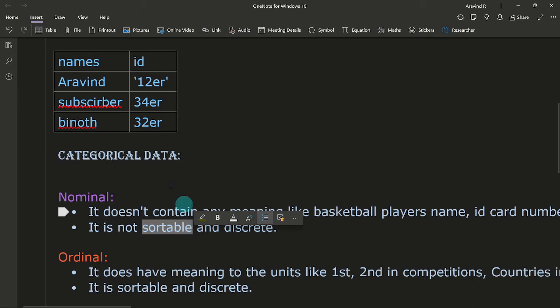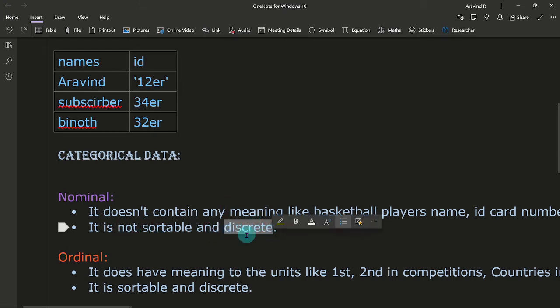We can't make this ascending or descending. How can you make Aravind a sortable order? If you have digits you can, but you can't sort this categorical data. So it is not sortable, and it is discrete.